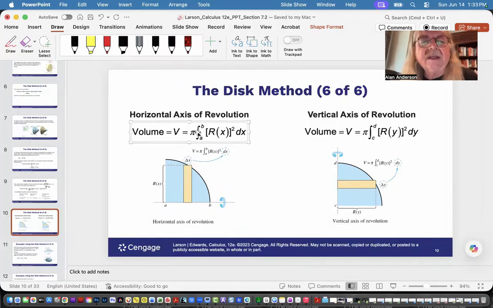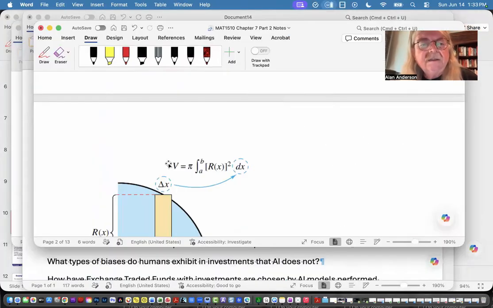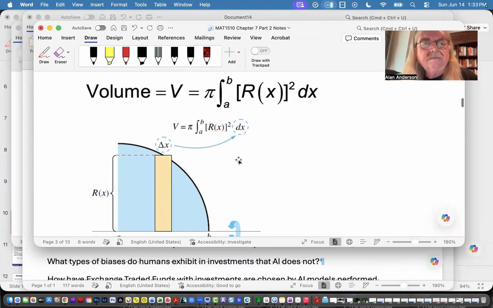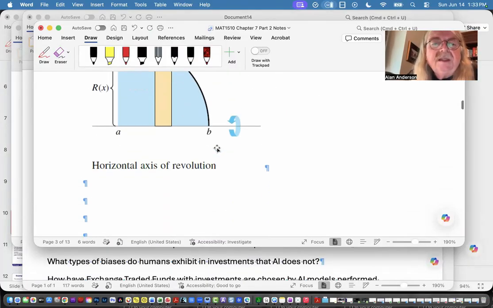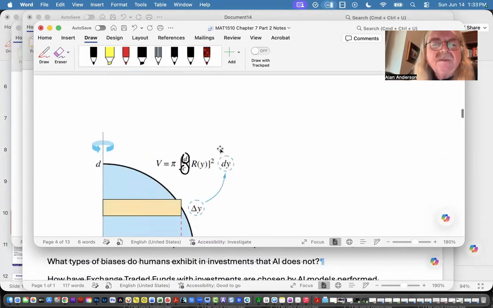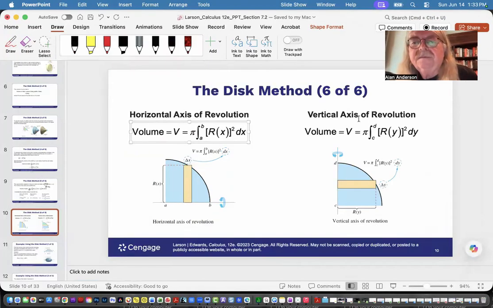Here, for example, we have the formula we just derived a second ago. Pi times the integral of R of x dx. And then this one will look like this. You can see the only real change is the upper and lower limits of integration and the fact that we changed the variable.